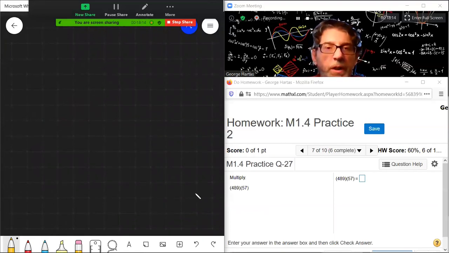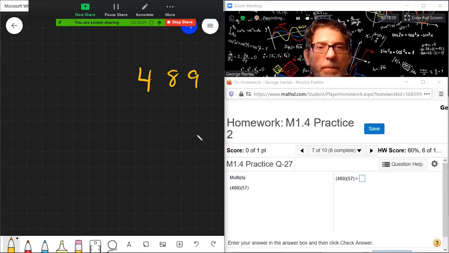So we're going to convert this side-to-side multiplication to vertical. Now, as I said before, it doesn't matter which number you put on top, but when you have more digits on one number than on the other, my recommendation is to put the number with the more digits on top. 489. You'll still get the same answer if you put the 57 on top, but here's my reasoning.